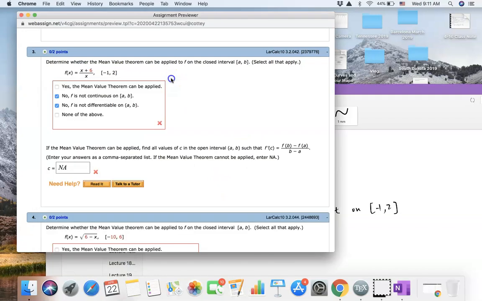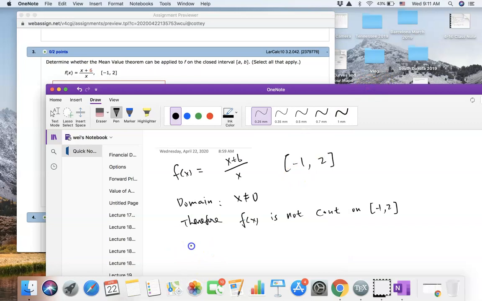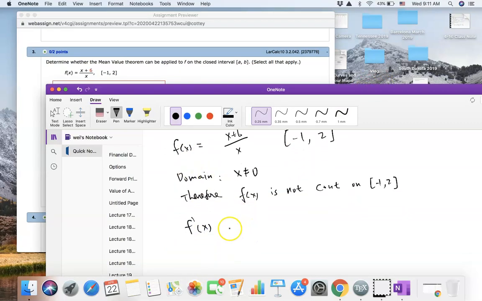Then to see whether the function is differentiable, we first find the derivative function. So we're going to take the derivative of this function. Here we can do this by using the quotient rule. Minus the derivative of x times x plus 6.